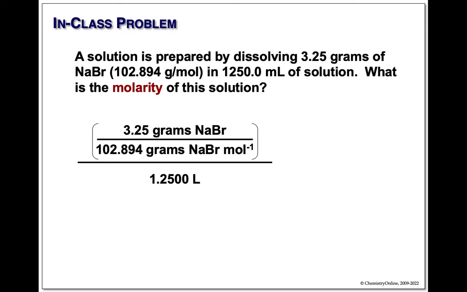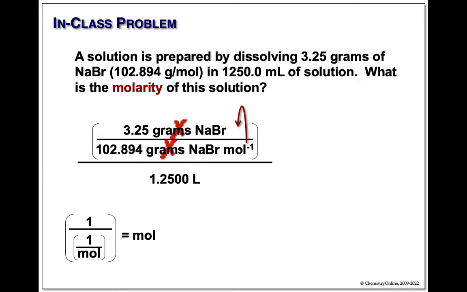Let's think for a second about the units. Grams are going to cancel. We have mole to the -1 in the denominator, so what we really have is 1 over mole. When you have a reciprocal of a reciprocal, turn it upside down twice, you get the thing.